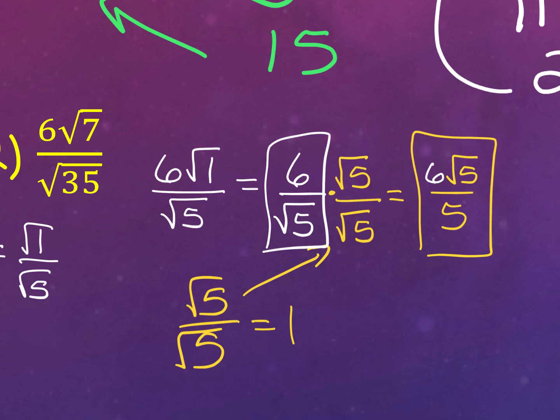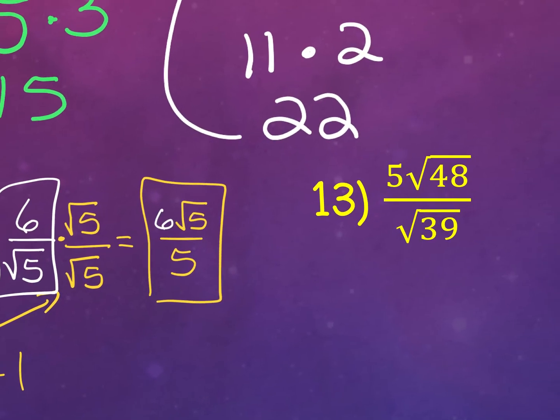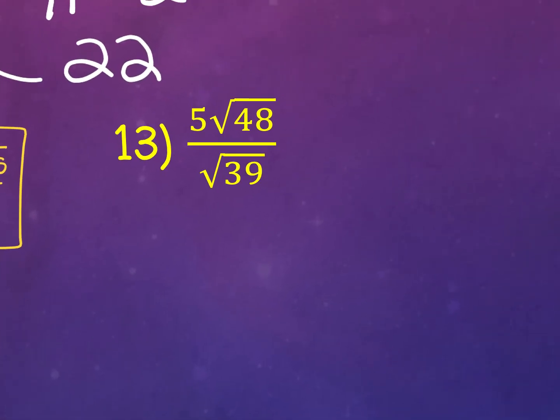Let's go ahead and try another example. So again, I am going to go ahead and try and simplify 48 over 39 first. Only what's under the radical. I can divide them both by 3.